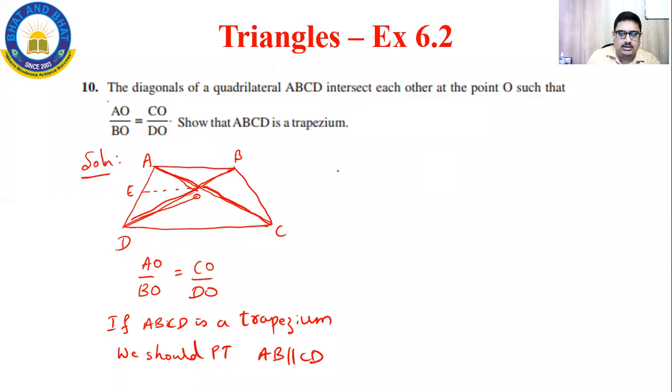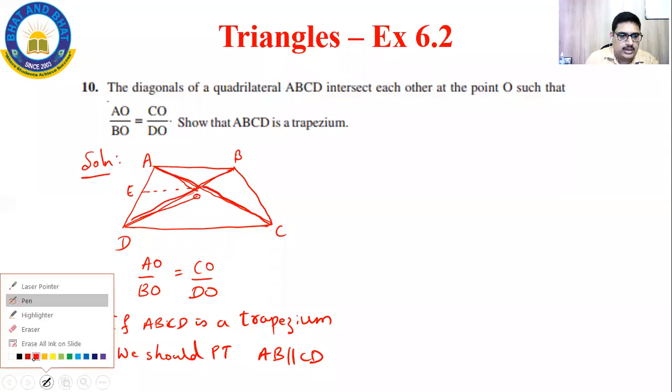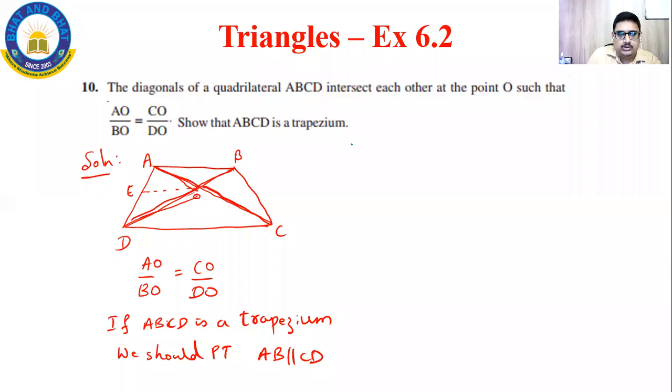See, now I have been given that AO by BO is equal to CO by DO. Am I right? So what I will do, I will just rearrange it, interchanging, such that AO by OC is equal to BO by OD.